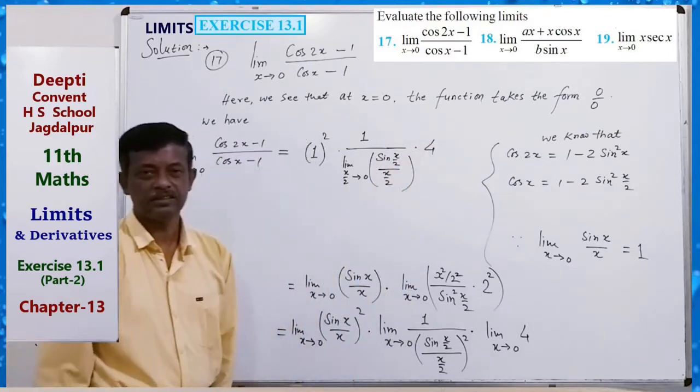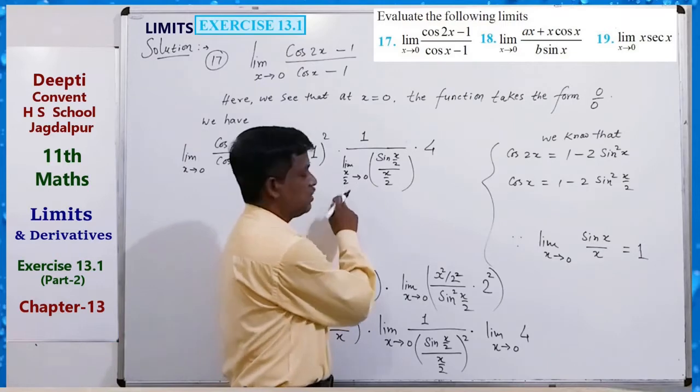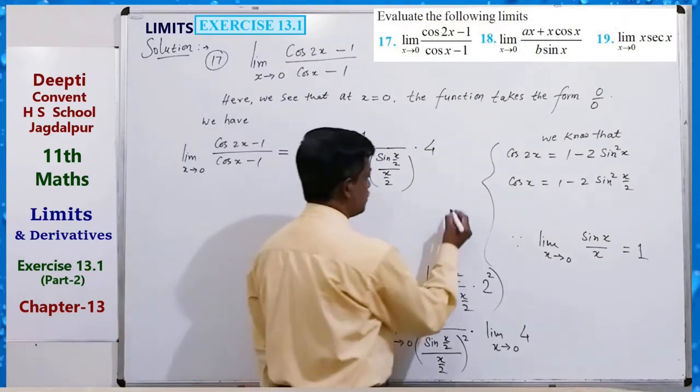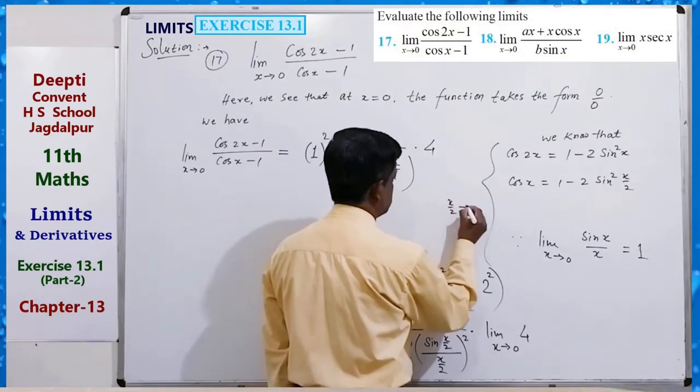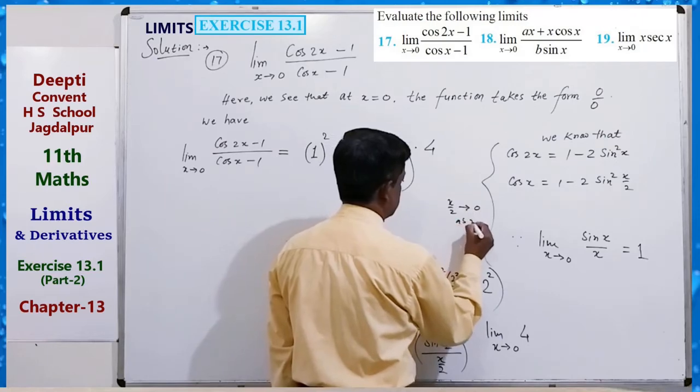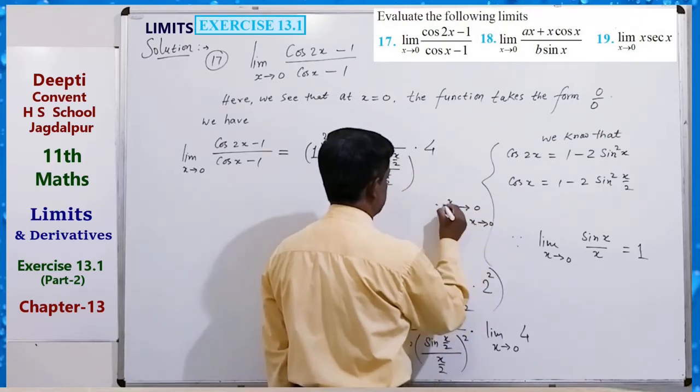We can write it like this: as x tends to 0, x by 2 tends to 0.